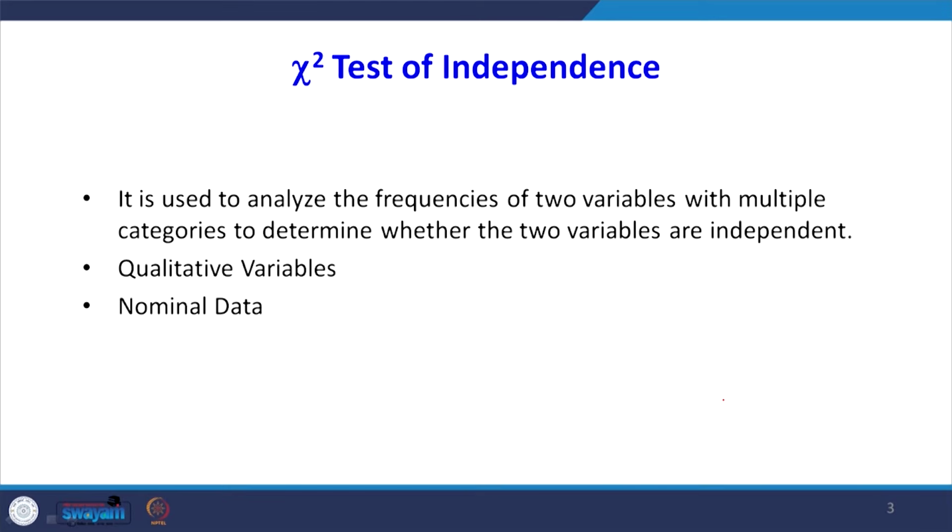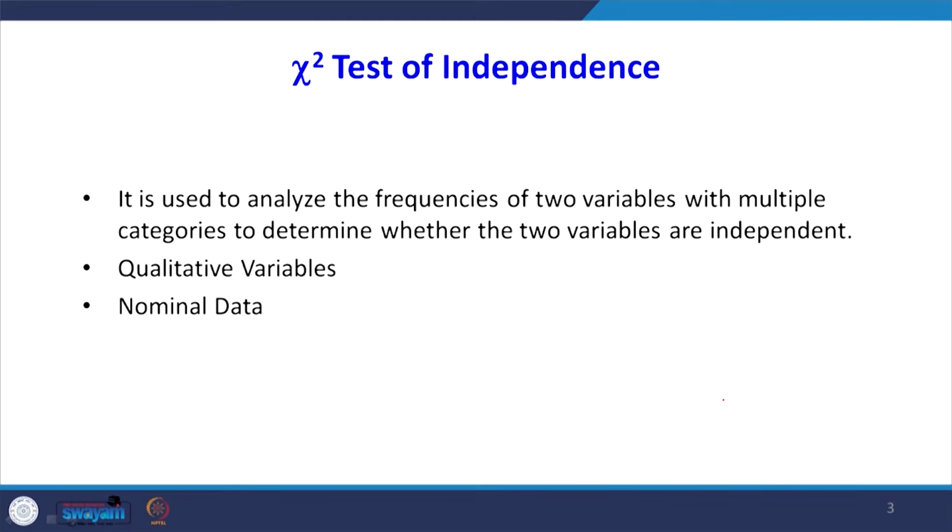Now we will go to today's topic, that is the test of independence. This test is used to analyze the frequencies of 2 variables with multiple categories to determine whether the 2 variables are independent or not. So whenever there are qualitative variables, whenever the data is nominal, we should go for test of independence.